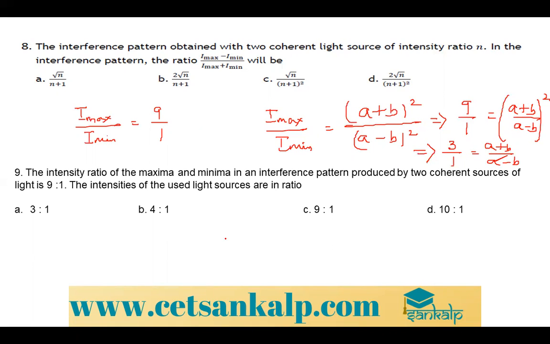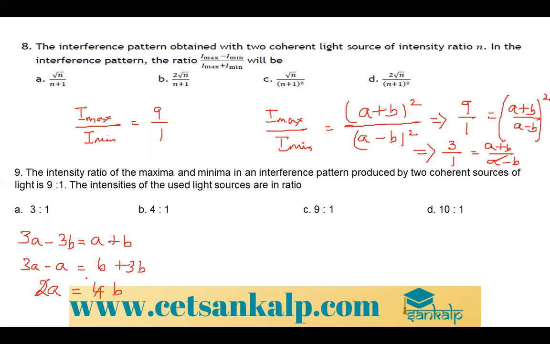So cross multiply: 3a minus 3b is equal to a plus b. So 3a minus a is equal to b plus 3b. So 2a is equal to 4b.